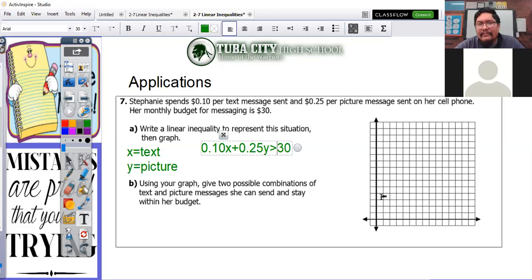So think about what both sides represent. This is her budget and this is her cost. Which one do we want to be bigger? We want this side to be bigger because we want this side to be smaller.